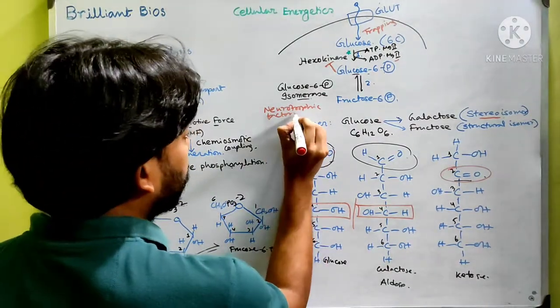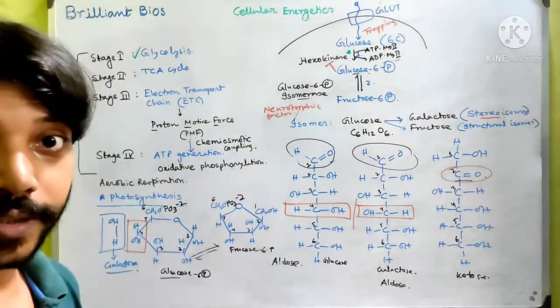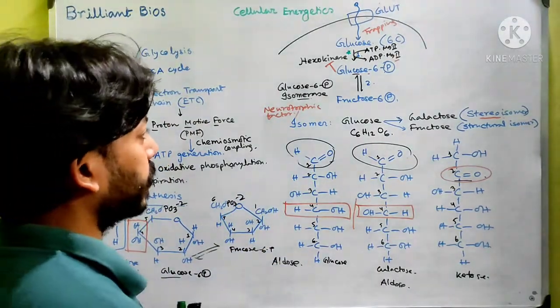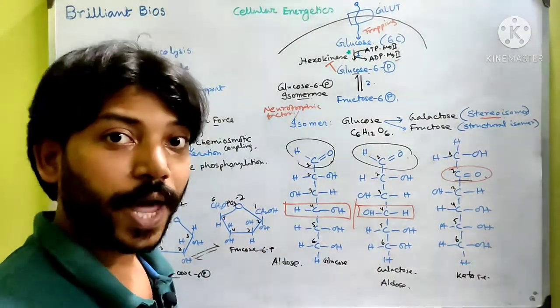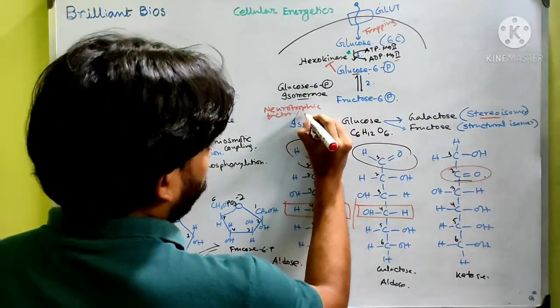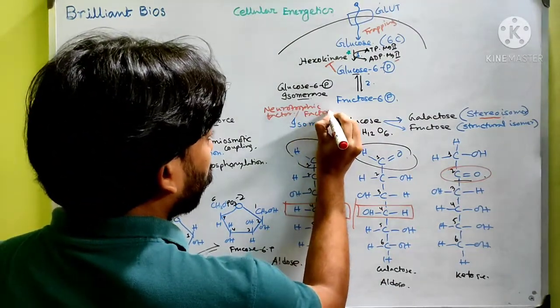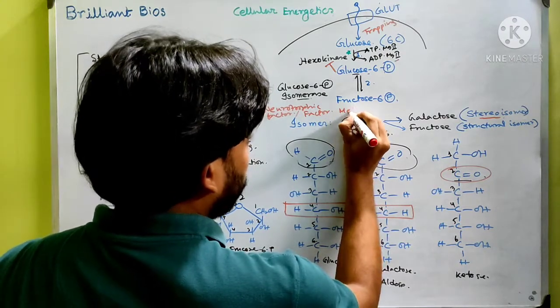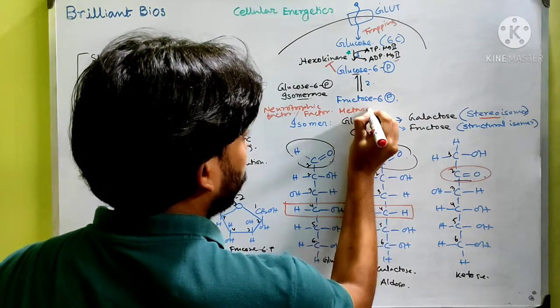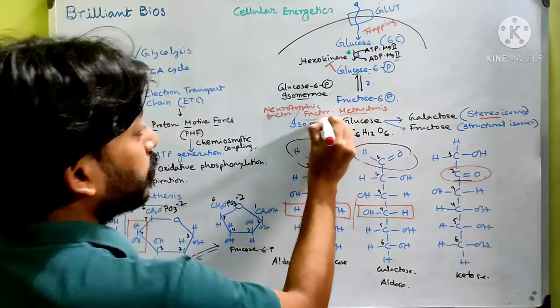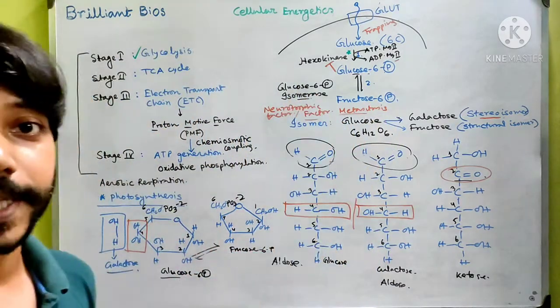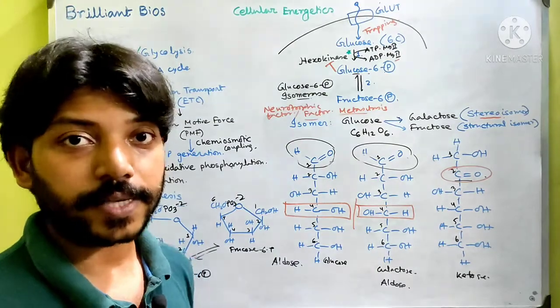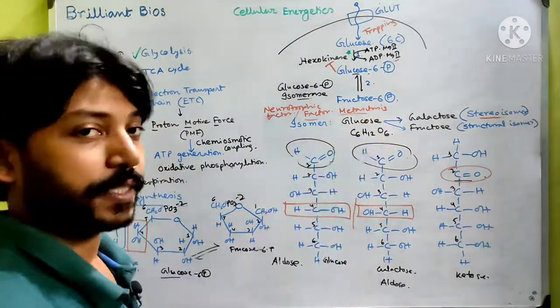Also it has other functions. This is all information for your preparation. It also acts as a factor that helps in metastasis. This enzyme can also be secreted by cancer cells and helps in metastasis.